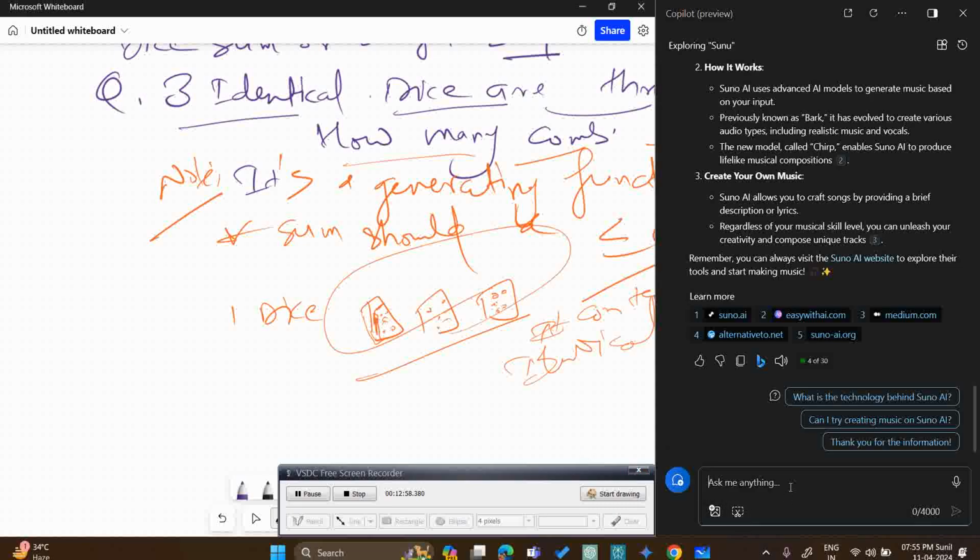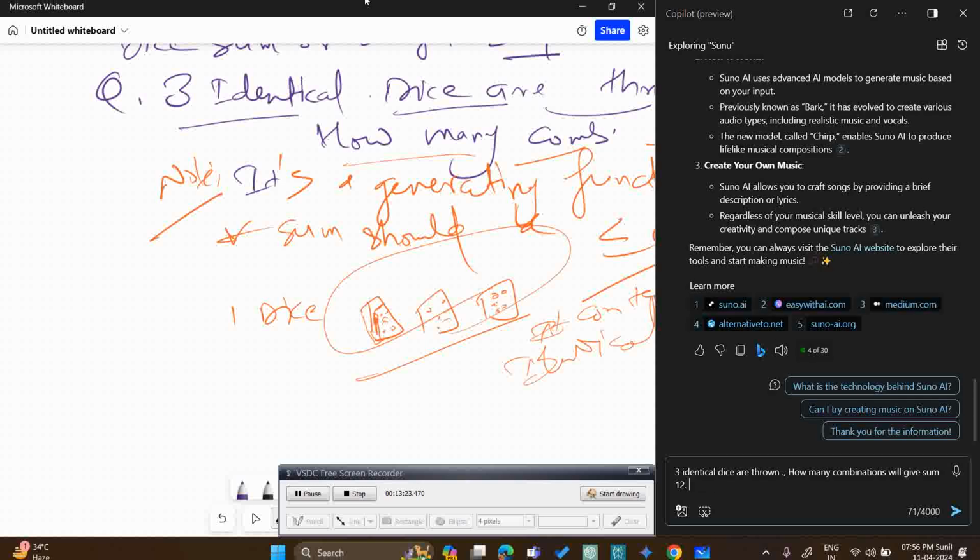Right. Let's ask this question. Three identical dice are thrown. How many combinations will give a sum of 12?